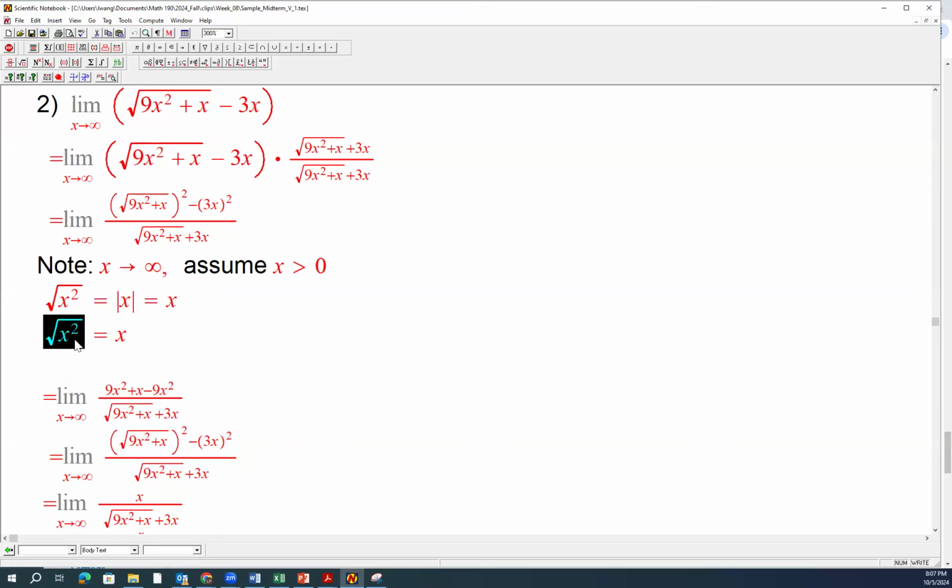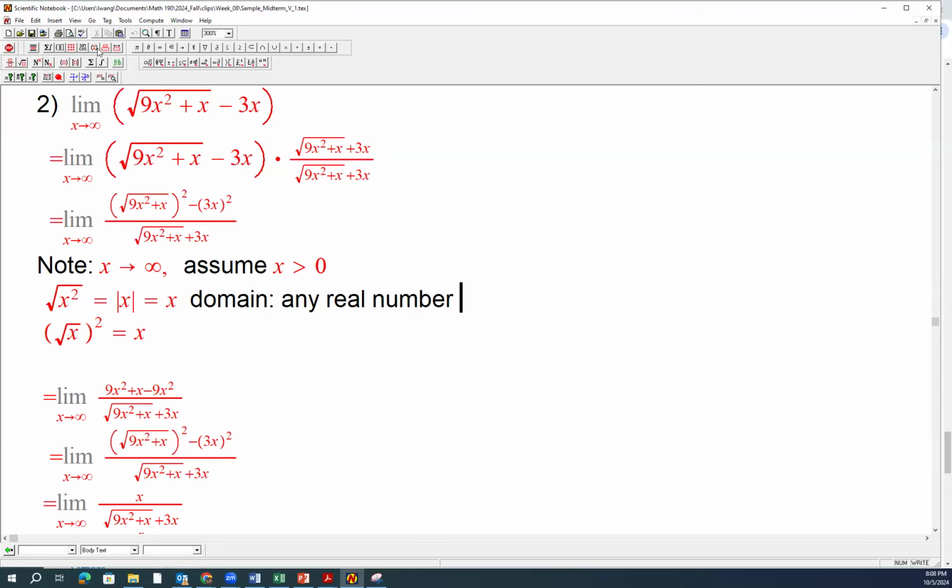Root of x squared, and root x, parentheses squared. You can see these two are alike, but they're very different. This one's domain is any real number, including positive, negative.